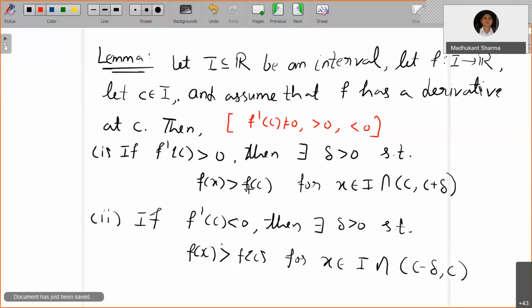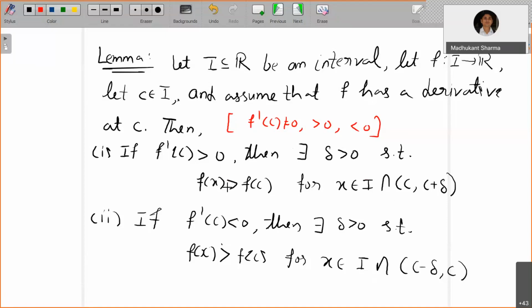Here x belongs to the interval with c less than x, and f of c is less than f of x. This is purely using the fact that f is increasing and decreasing.